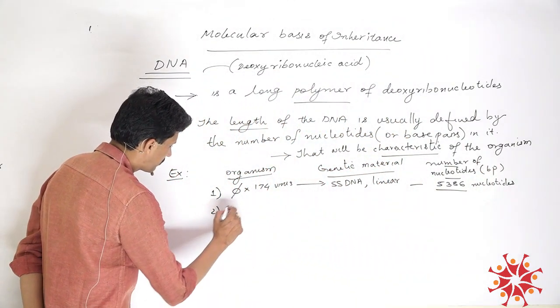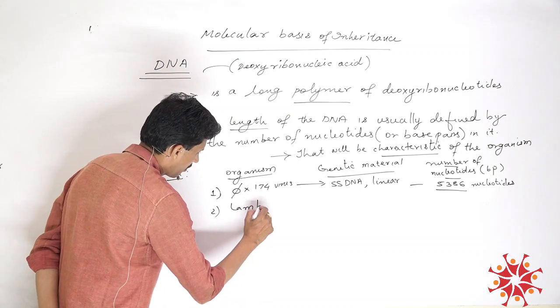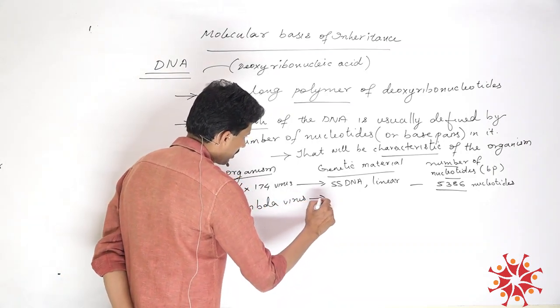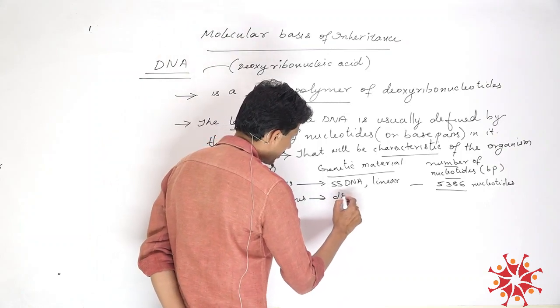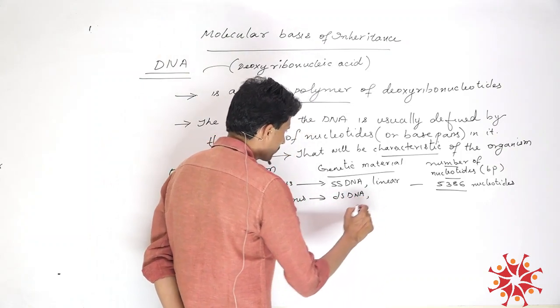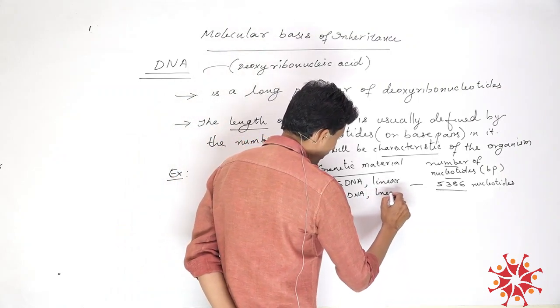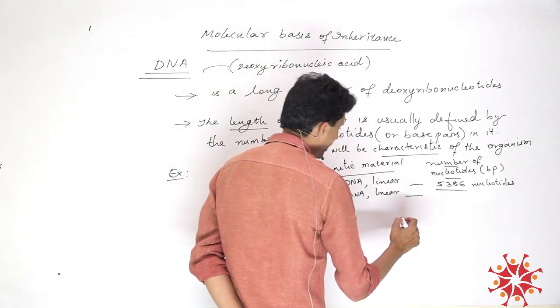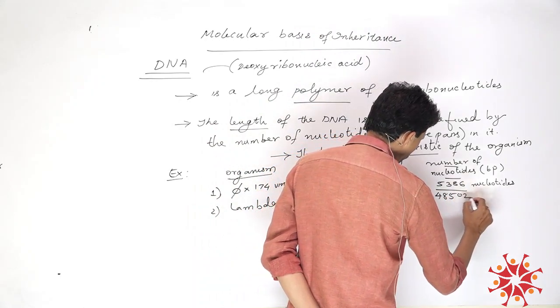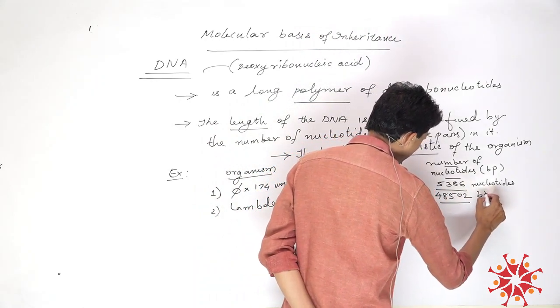Second one, lambda virus. It has double-stranded DNA, and it also has a linear DNA, and it has 48,502 base pairs present in it.